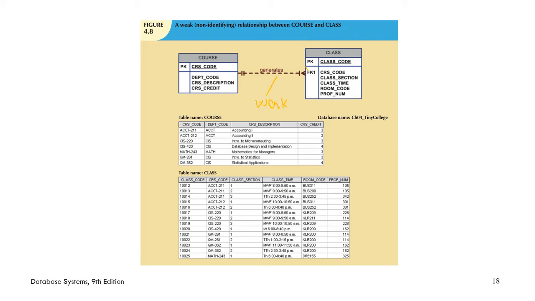Class cannot occur without the course. But the course is there. Can you imagine? The course is predefined. The course is set up with the program, but it's not the class. Class can be happening or not, created or not in every semester.